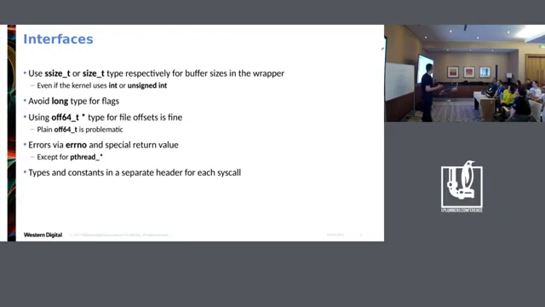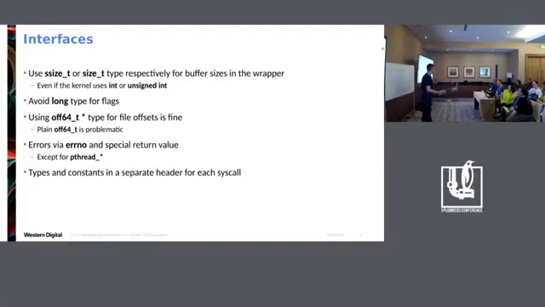Typically, the signedness of the type will reflect the type in the kernel. For example, when the buffer size is an incoming type, it will be unsigned, but as a syscall return value, which can be negative in the case of an error, it will be a signed type.